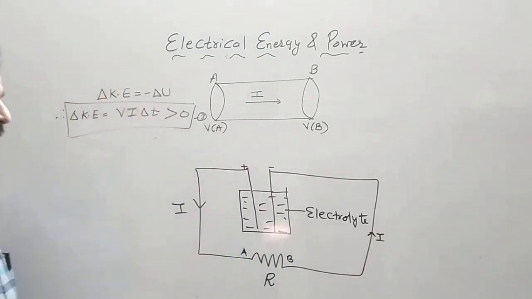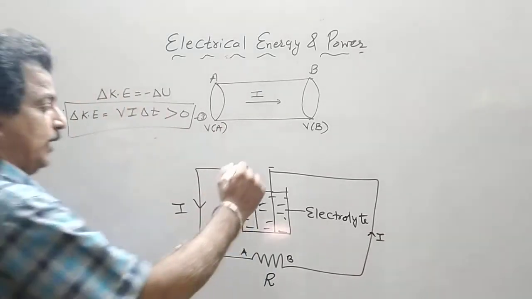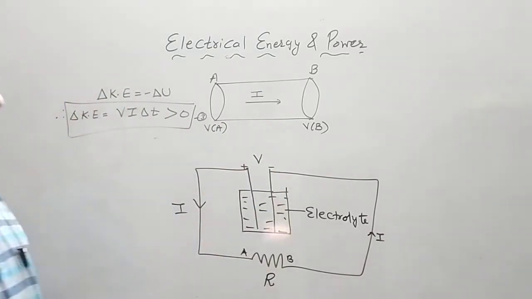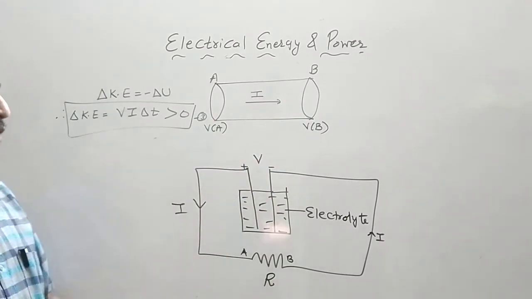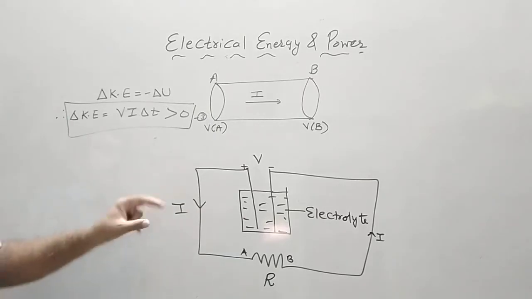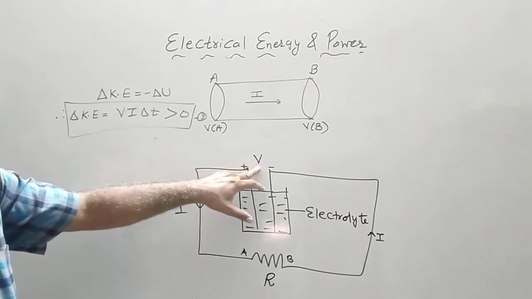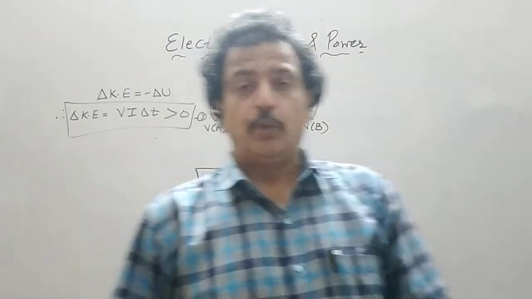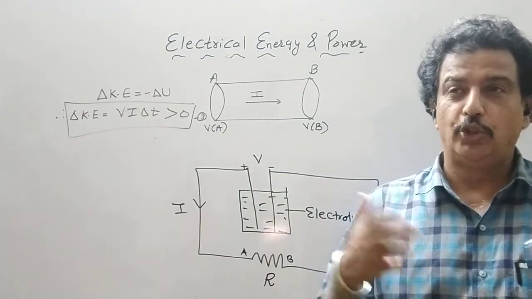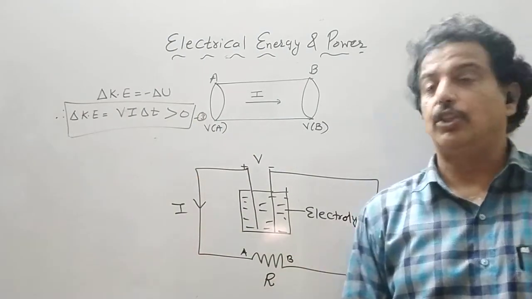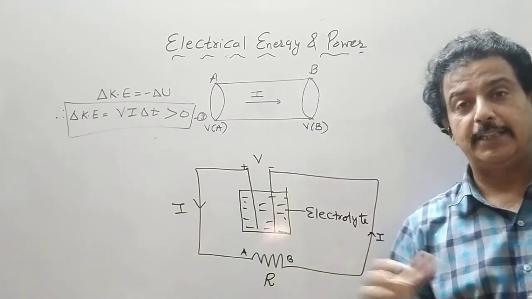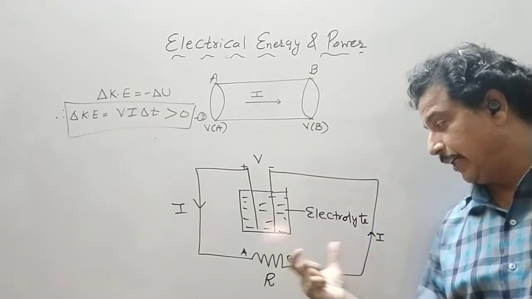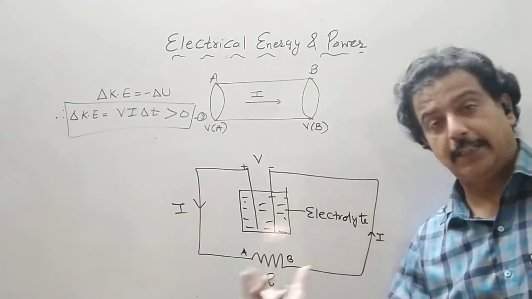Again, we assume that the potential difference of these two electrodes is V, that is VA minus VB, which was positive. And this potential difference created the potential energy difference, due to which the kinetic energy of the charge inside the conductor increases and they collide with the ions, due to which this conductor gets heated up.